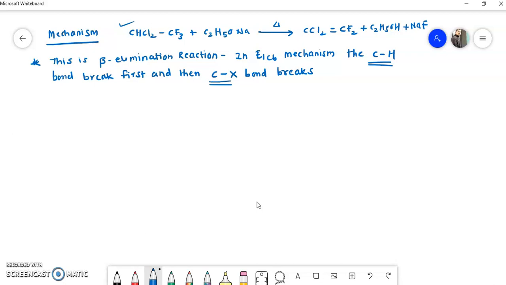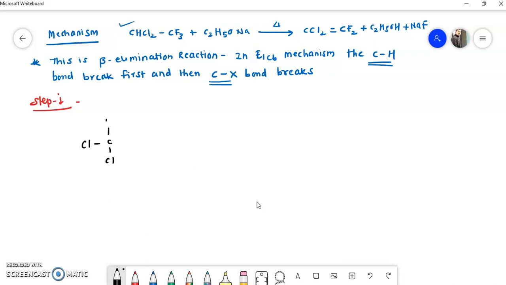So in the mechanism also we are going to see the same thing. So consider step 1 of this mechanism. What happens in step 1? I will write here the reaction so that you will understand. See here, CHCl2. I will write this in a different way to understand the mechanism.